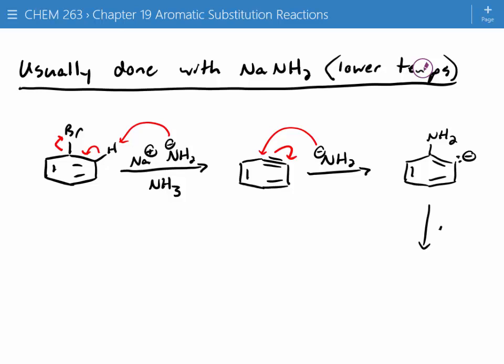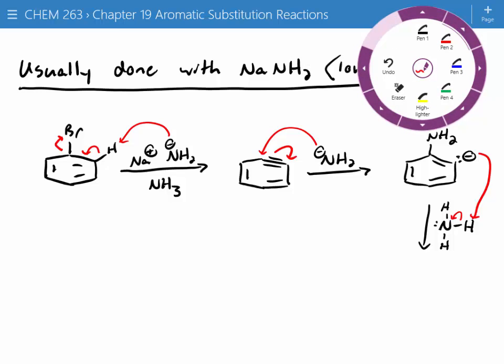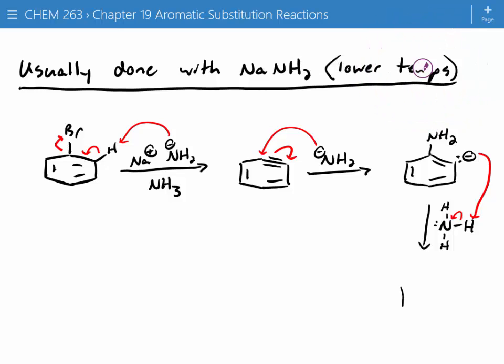Now we've got all this ammonia around too. So ammonia can act as a weak acid in this reaction. And we can regenerate our sodium amide. And we can make anilines this way.